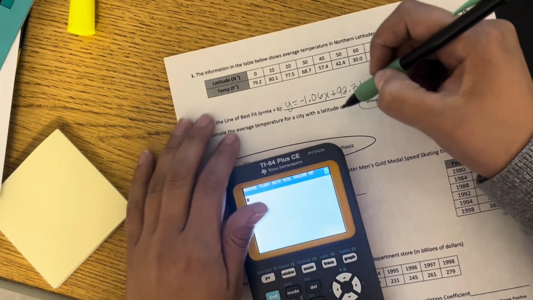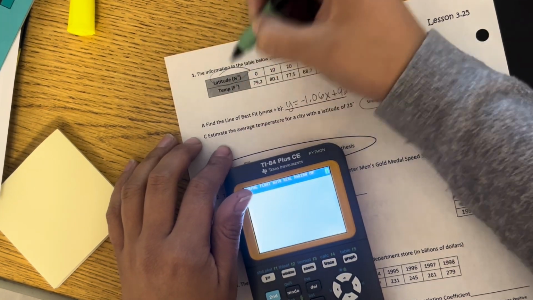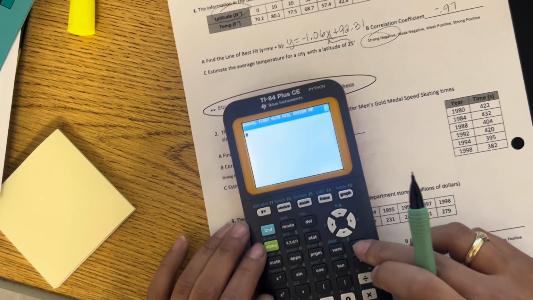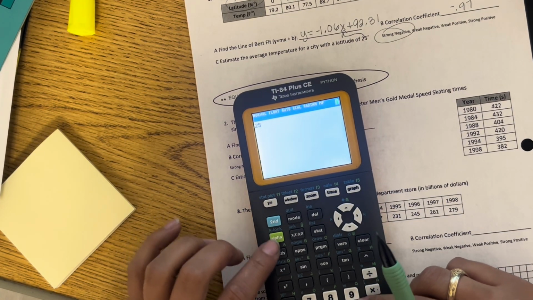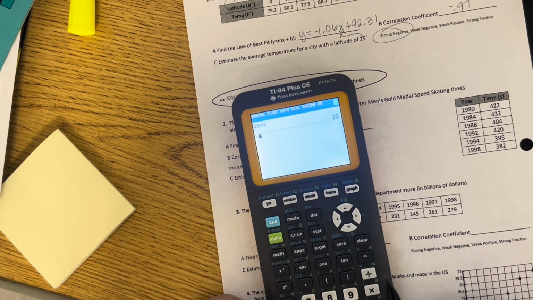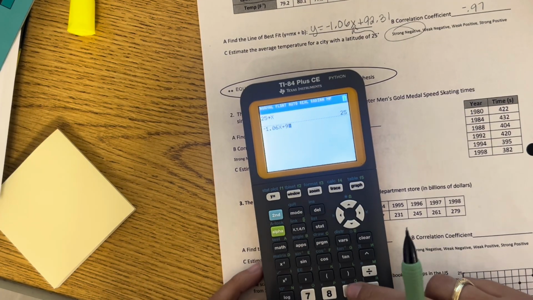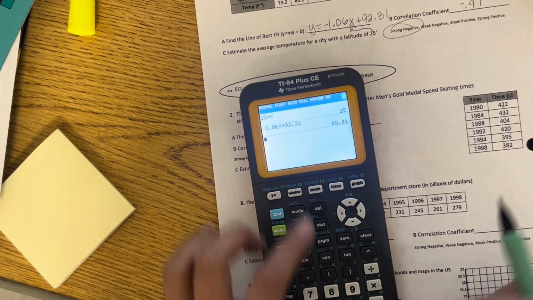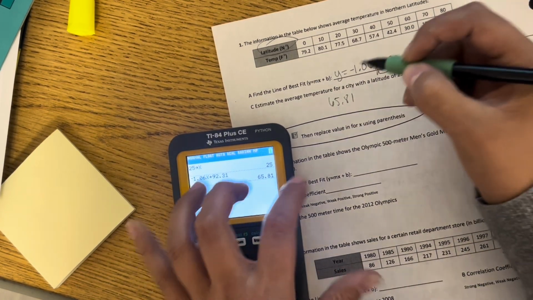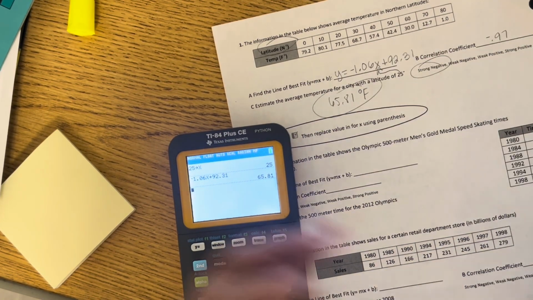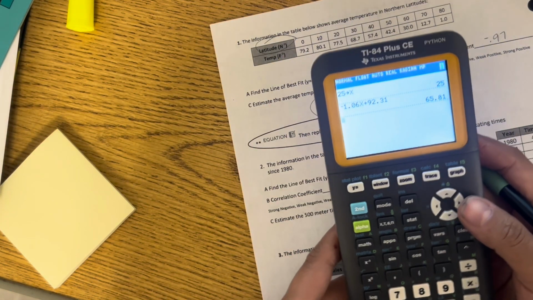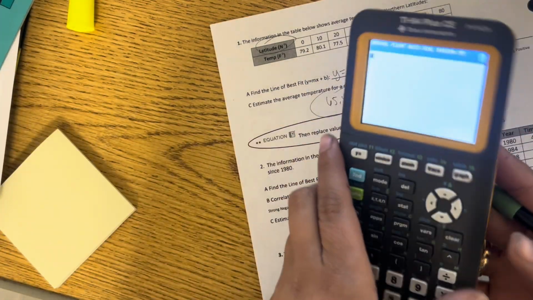If latitude is X here, I'm going to plug in 25 for X. How we've done it in the past is we're going to use 25 stow X, like we did with evaluating functions, and then I'm going to type in negative 1.06 X plus 92.31, and it gives me an estimation of 65.81 degrees Fahrenheit because that would be my prediction. Again, I know it's a lot to cover, but that's how you would use the TI-84. If that didn't make sense, make sure you go back and watch the video again.